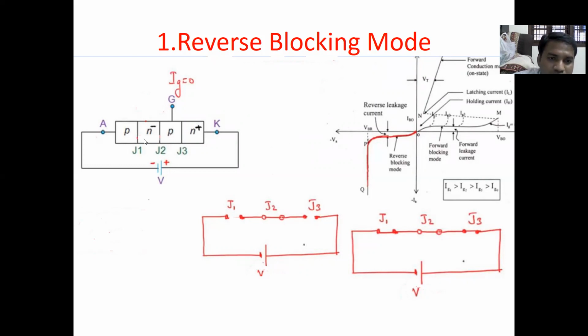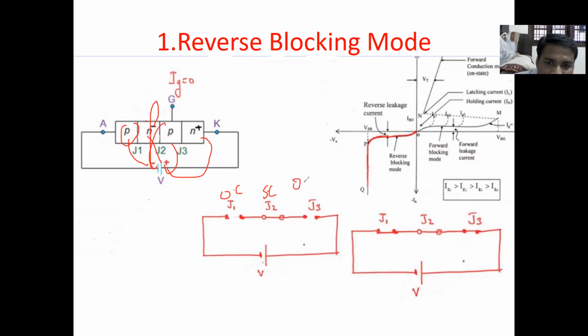You can see J1: P is connected with negative and N is connected with positive, so it acts like an open circuit. And J2: negative is connected with N and positive is connected with P, so it is short circuit. And coming to J3, positive is connected with N and negative is connected with P, so it is open circuit.